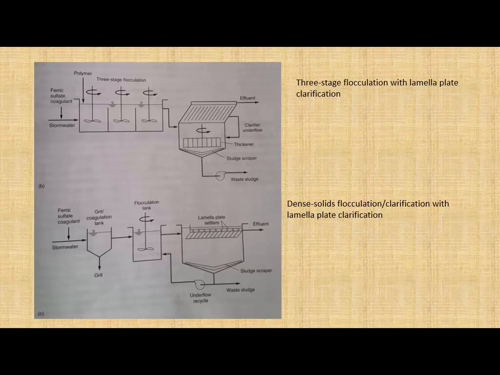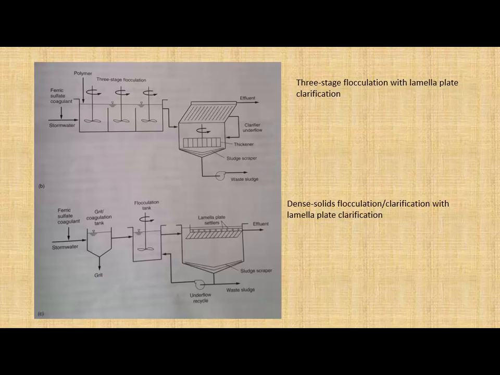And the second one is a three-stage flocculation with lamellar plate clarification. The structure is somewhat like the first one, and also three-stage. It depends on the manufacturer, and as I found from that company I mentioned, RT-Flow, they use a two-stage, maybe for efficiency.